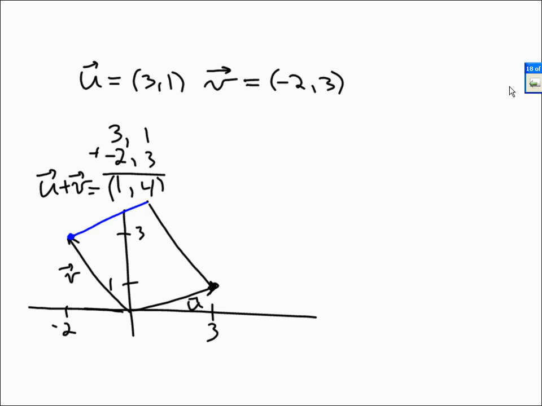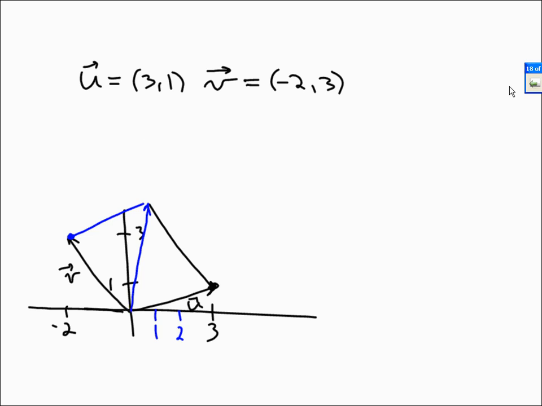And remember, I don't have graph paper, etc. But this here is u plus v. And it actually doesn't look bad. 1, 2, 3. And let me just get rid of this right here, because it's smack in the way. If you use graph paper, you'll get exact answers.